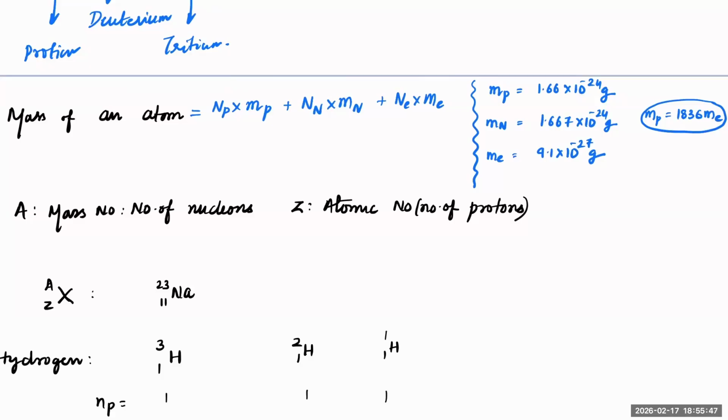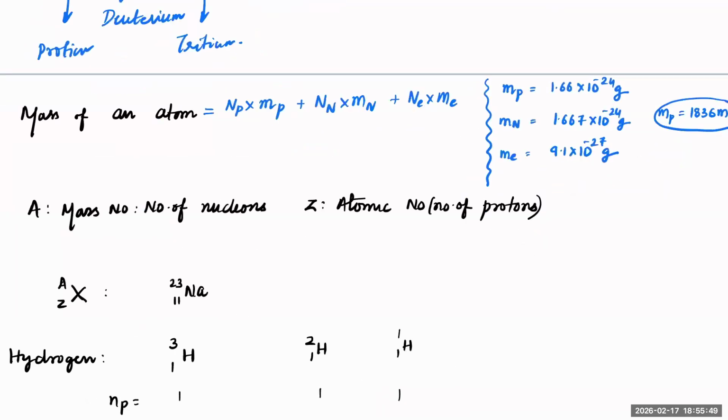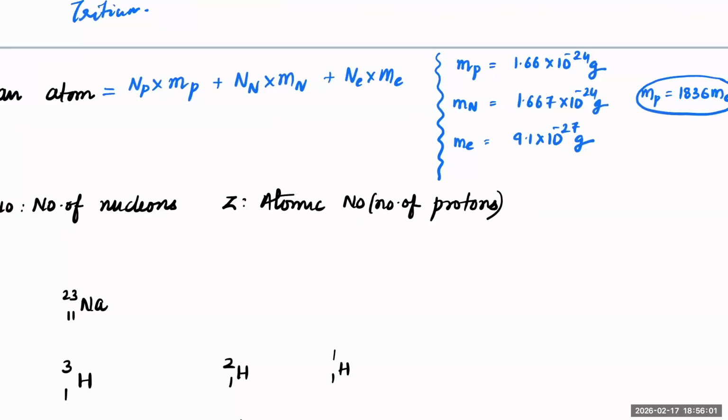Because this value's contribution is extremely low, and second thing, mass of proton and mass of neutron is almost the same. So we can write that mass of proton and mass of neutron is almost the same, approximately 1.66 into 10 raised to power of minus 24, or 1 AMU. That is what 1 AMU is, correct?